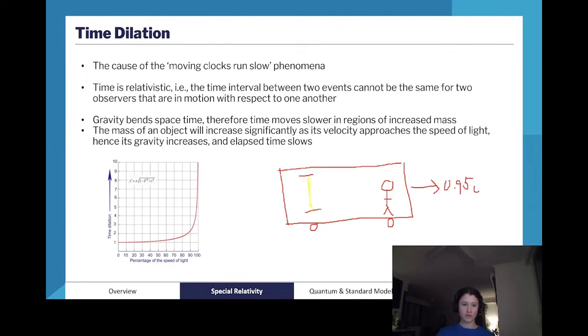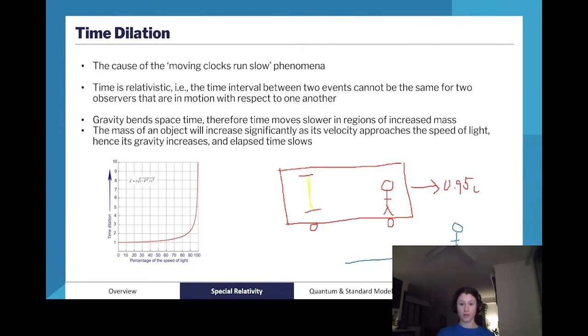Now, say we have a person on the station. He is not moving, he's just standing on the station. And he is looking at this scenario. To him, he's not just seeing what's happening inside the train, he's also seeing the movement of the train as it's going past.